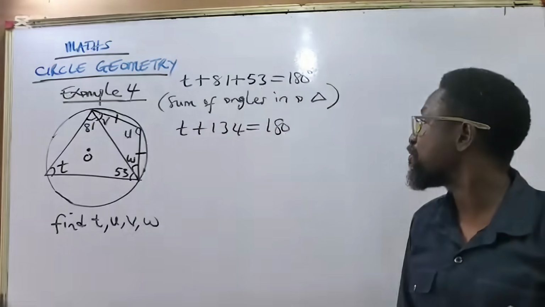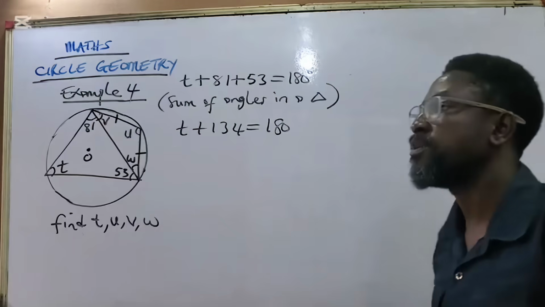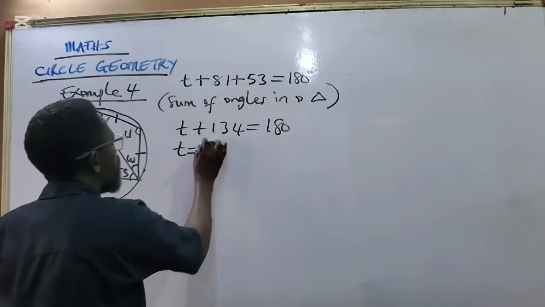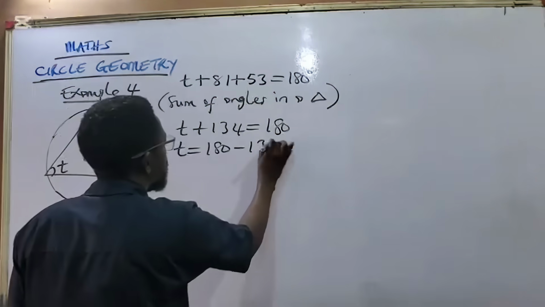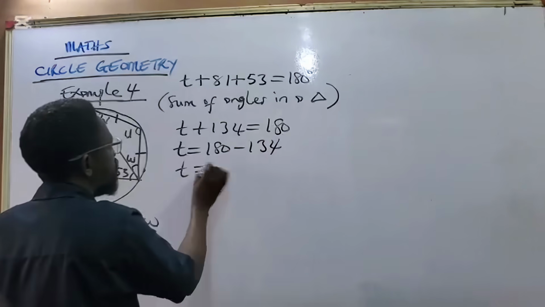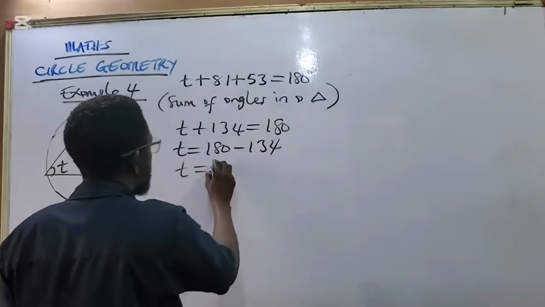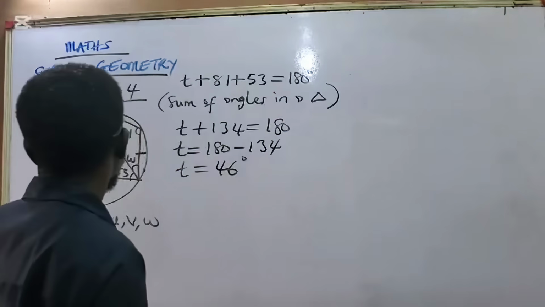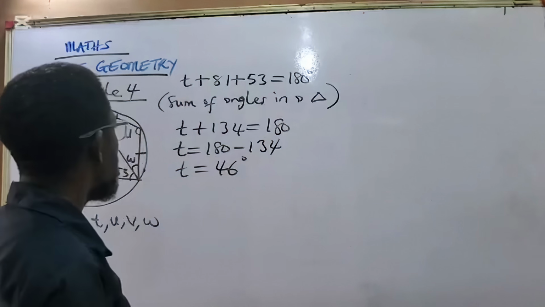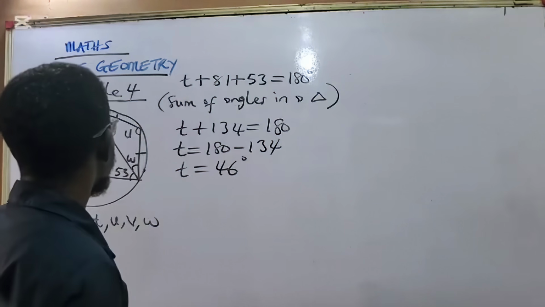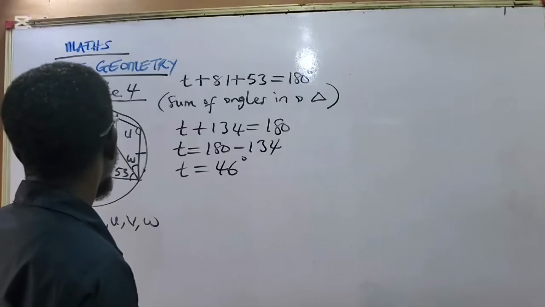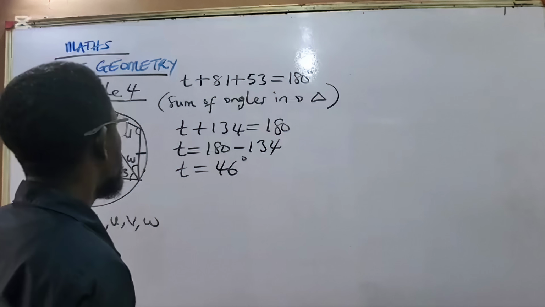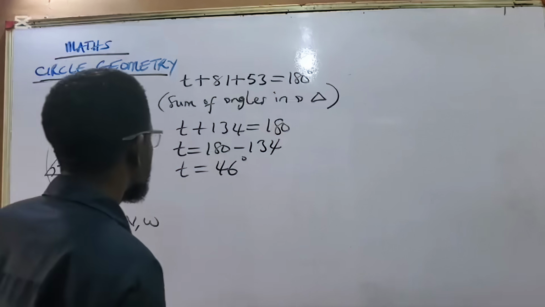Transfer 134 across the equality. So I get t equal to 180 minus 134. That gives us what? 46 degrees. That is the value of t. T is what? 46 degrees.